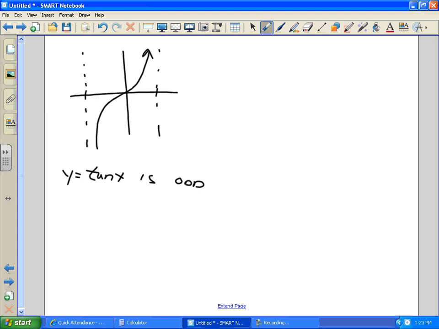Origin. It means f of negative x is equal to the opposite of f of x.